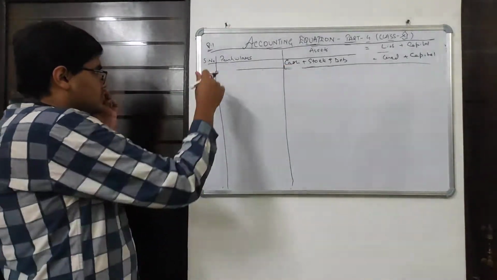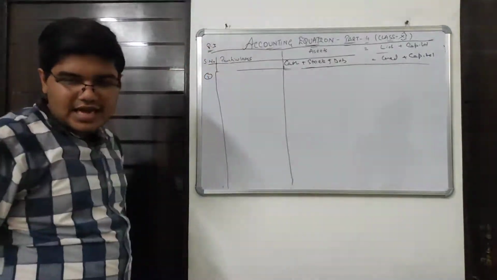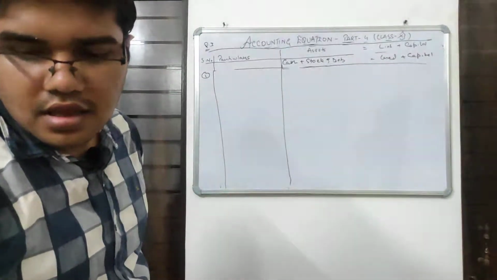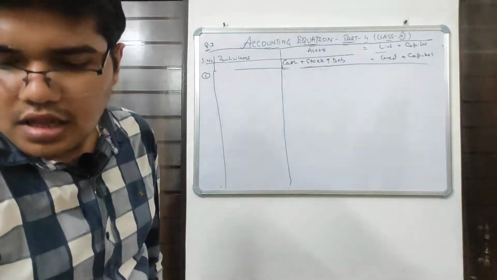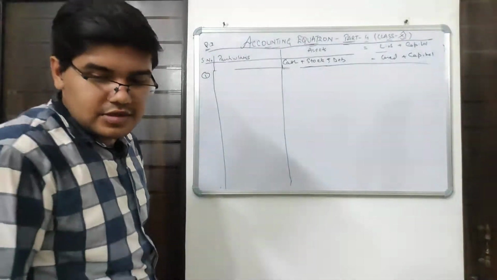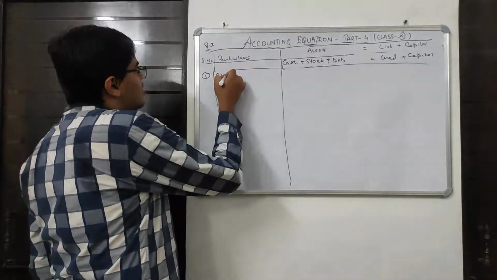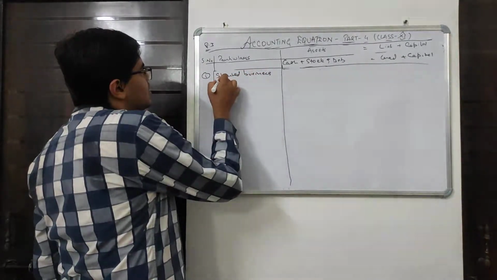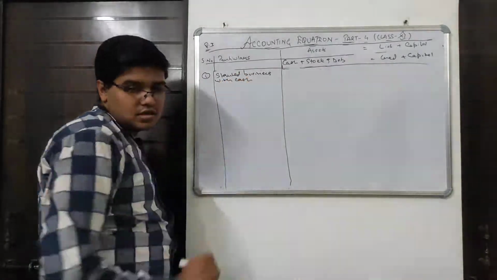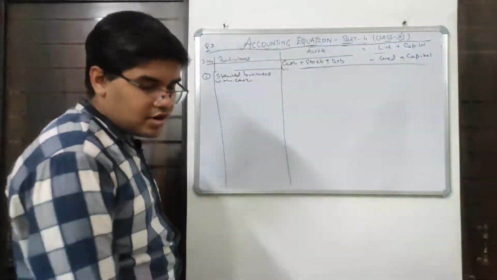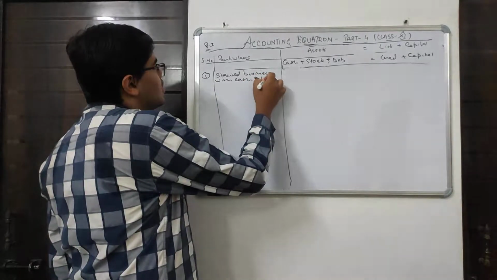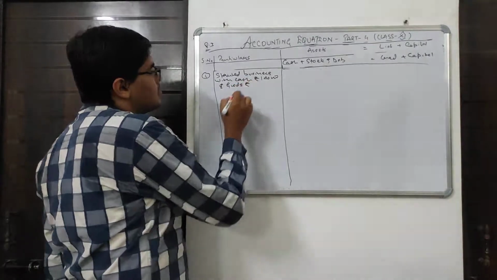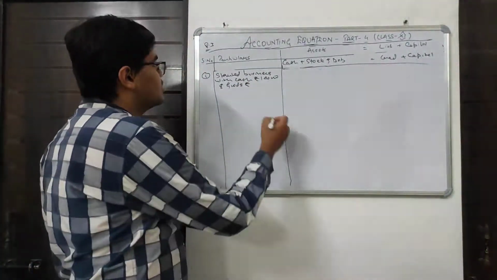So our question number three, our first transaction is: started business with cash rupees 1,40,000 and goods rupees 2,50,000.